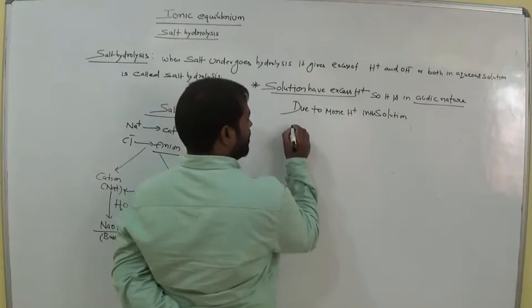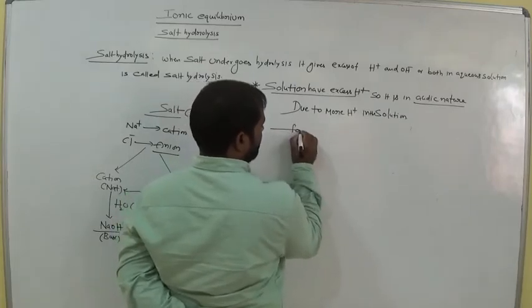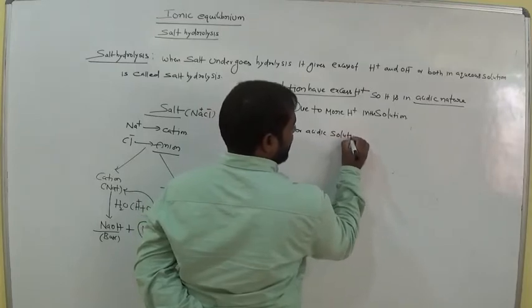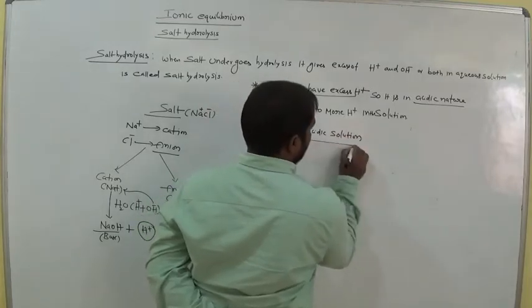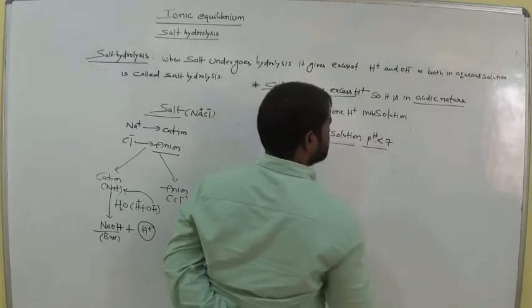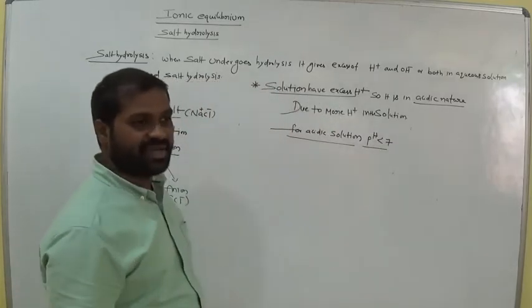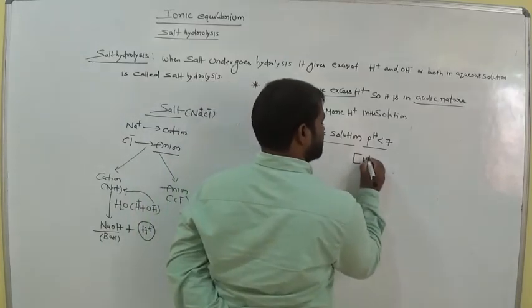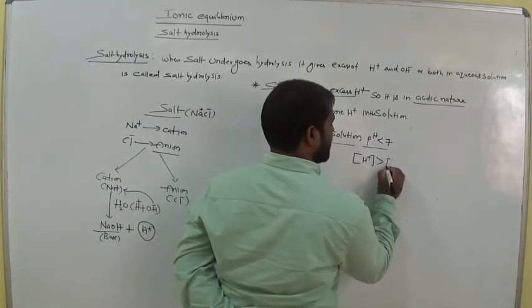So for an acidic solution, what is the expected pH? For an acidic solution, the pH value is less than 7. That means the H plus ion concentration is more than the OH minus ion concentration.